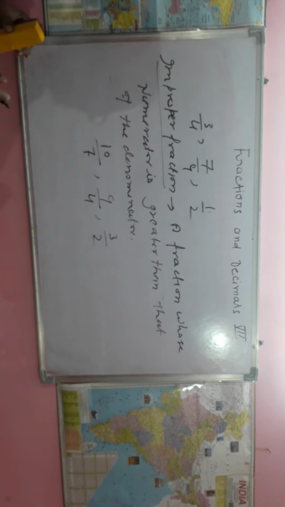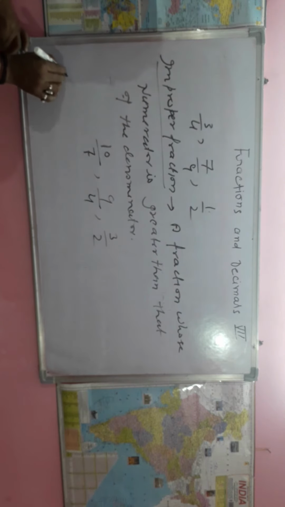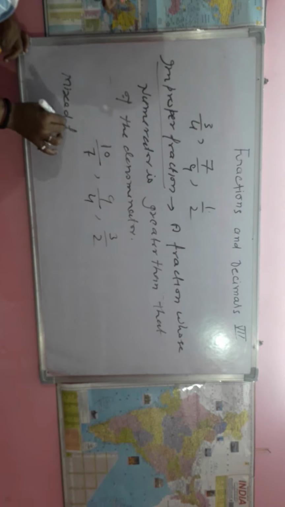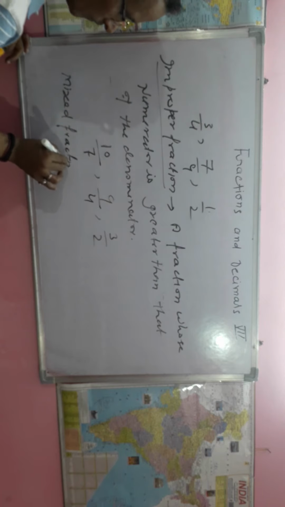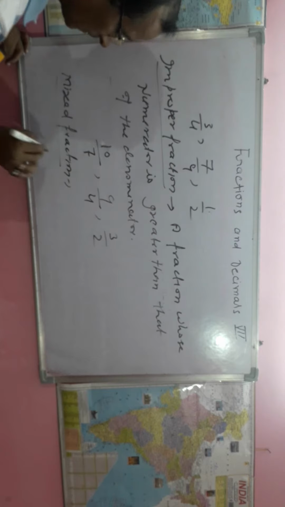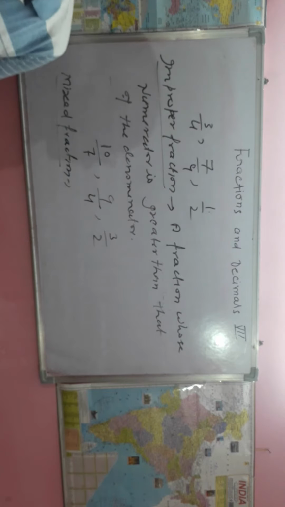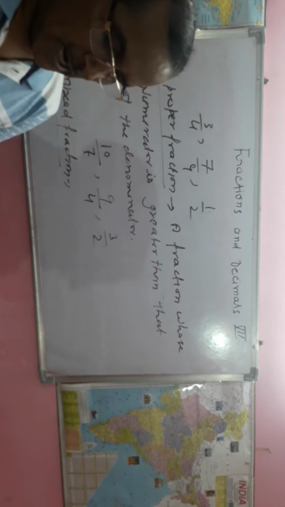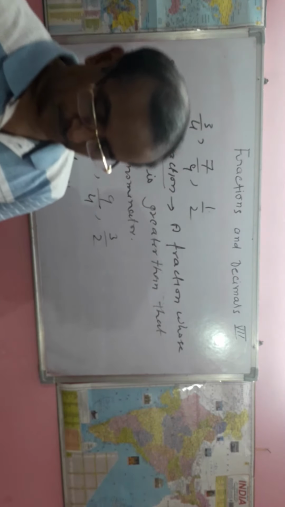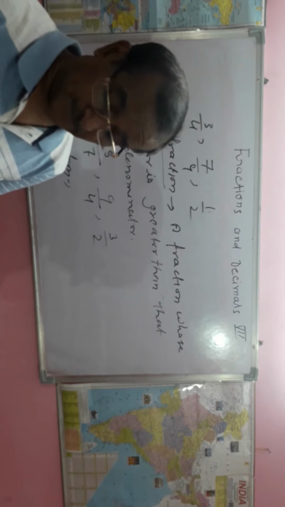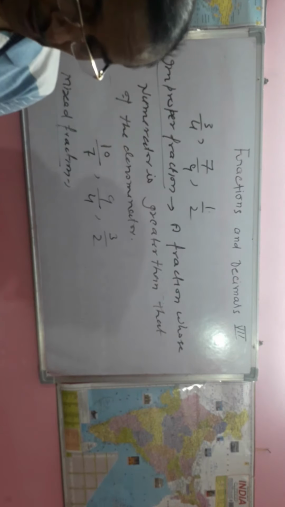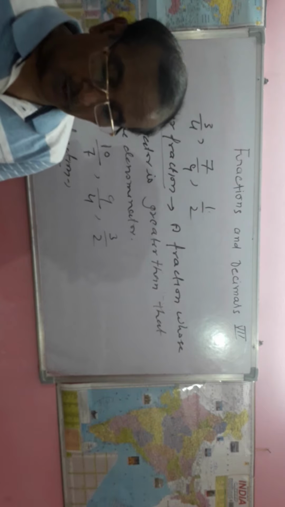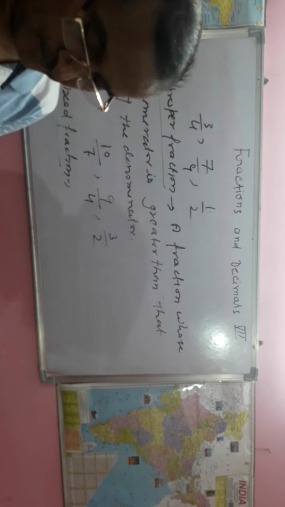Now the third type of fraction is mixed fraction. In a mixed fraction, one part is a whole number and the other is a fraction. It is a mixture of a whole number and a fraction.